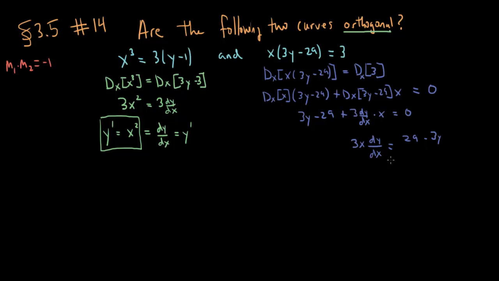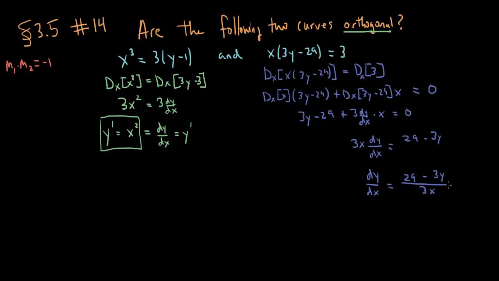And if we divide both sides by 3x, we can say that dy over dx equals 29 minus 3y over 3x. Now here's the one wrinkle, and I suspected this was going to happen. This dy dx certainly is the derivative of this function, barring me having made some arithmetic error.